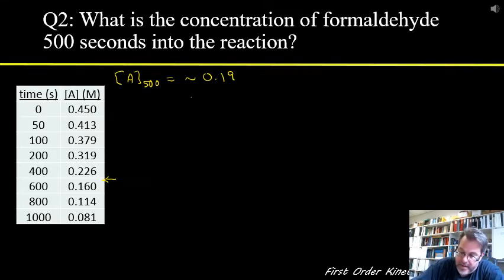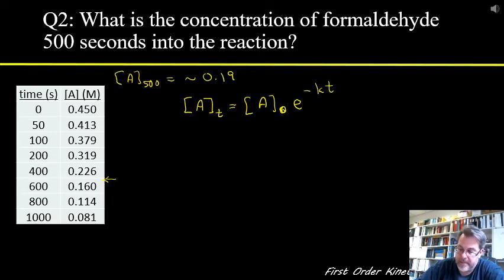So we'll start with that equation that we've been using. Concentration of formaldehyde at some particular time is the initial concentration times e to the negative kt.